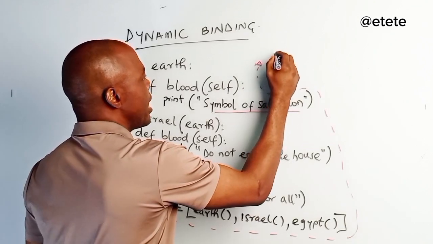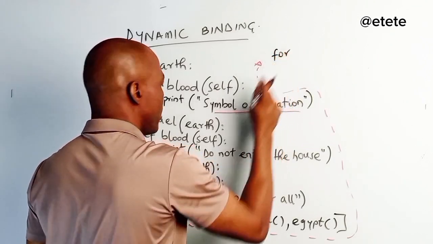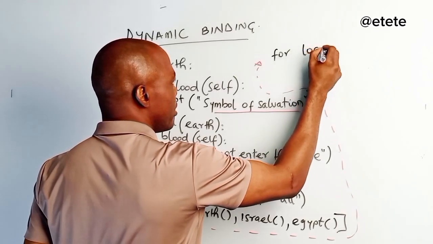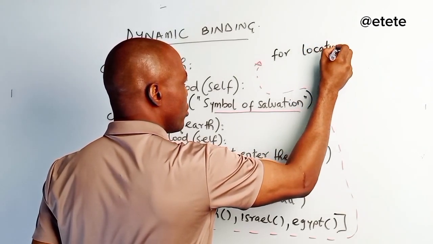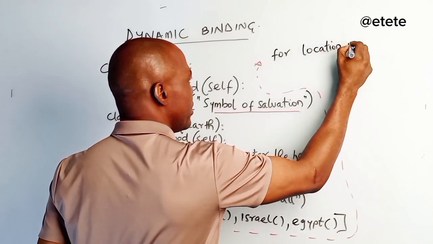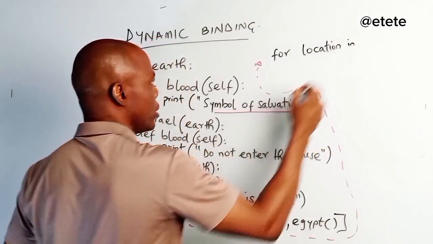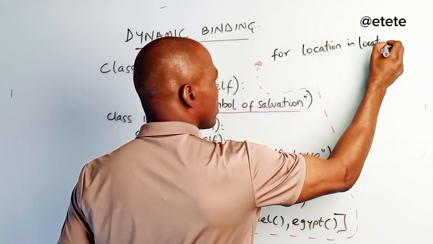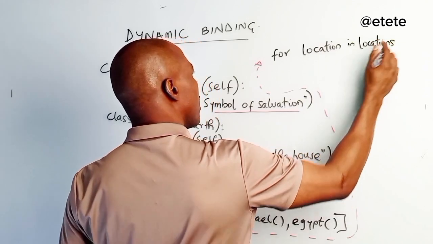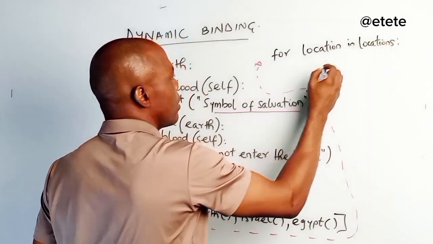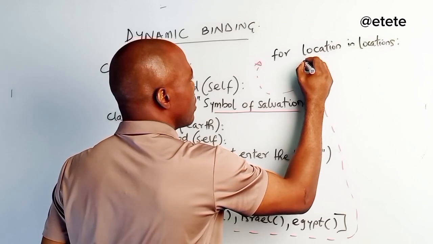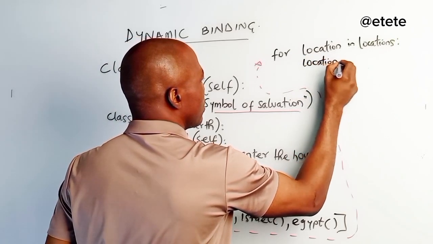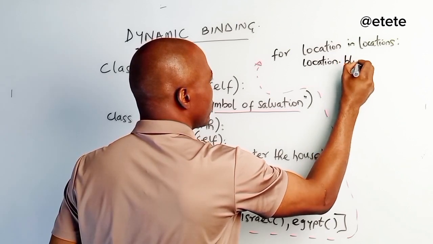I'll use a for loop. I'll now say for, then I will create a temporary variable, location in locations. Then call location dot blood.